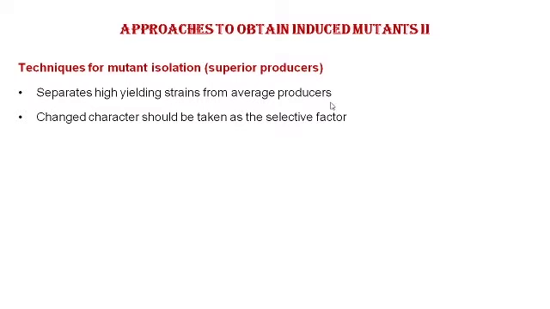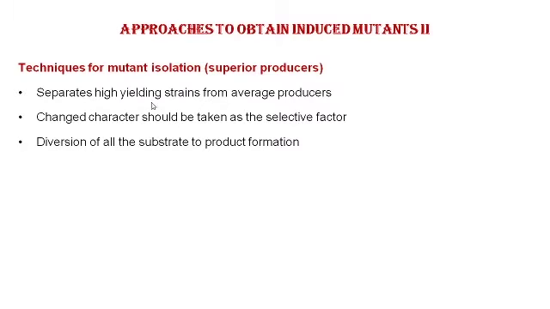Some of them will still remain as average producers, but among those which mutate, you have to select the high yielding strains. The changed character, that is, the character which we need to improve, should be taken as the selective factor for selecting the improved strains.